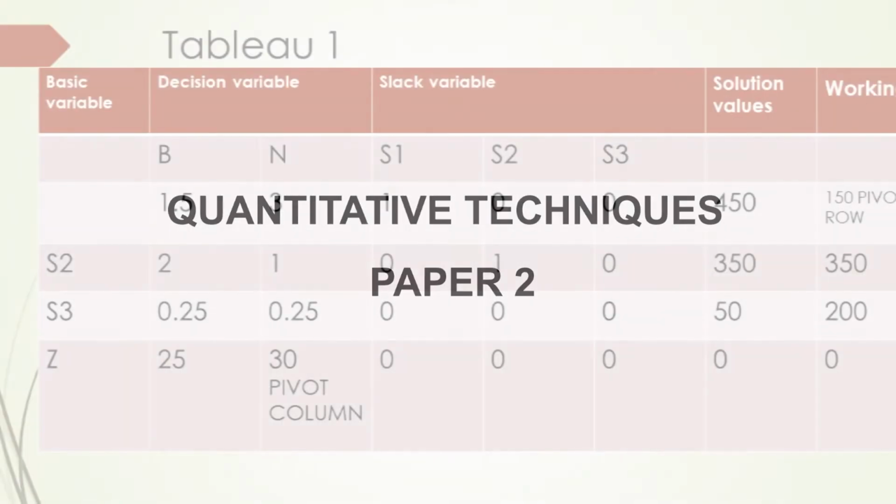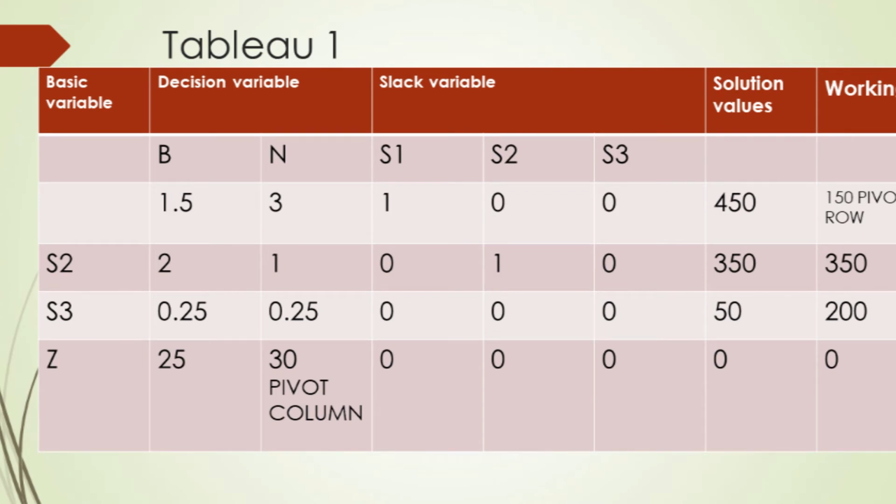So you come up with this standard linear programming model, and then you form some kind of a matrix. We have the initial table looking like that. You just pick the coefficients and then put them in the table. So we have the basic variable, decision variable, those are the products, and then you have the slack variables representing the unutilized resource.